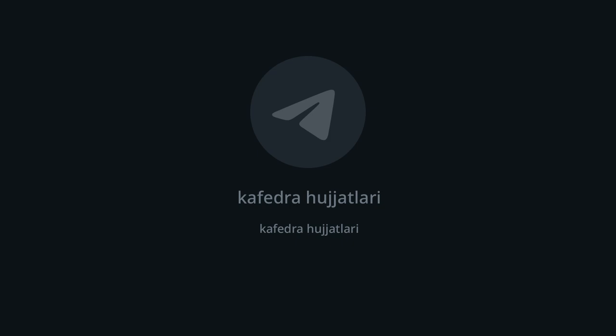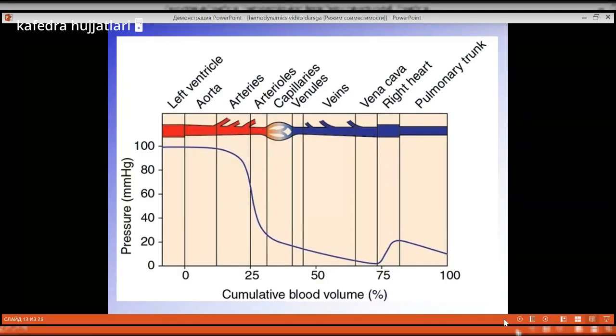You can see from this diagram that at the beginning of the systemic circulation, after the left ventricle ejection, the pressure will be high, near 100 millimeters of mercury in the aorta, and the blood volume also will be high.